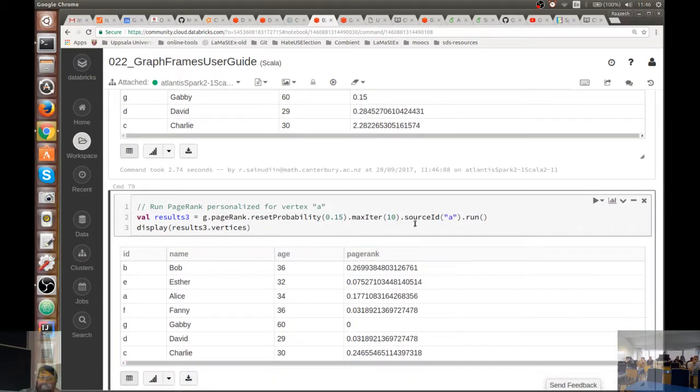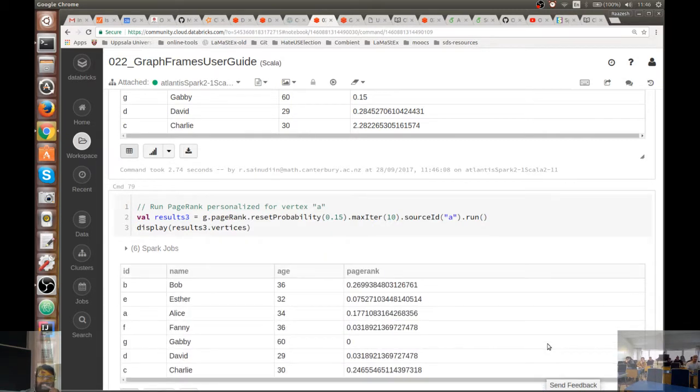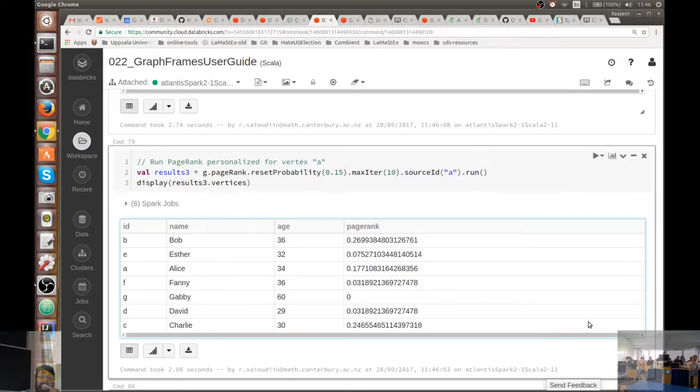Okay, so here is my result 3, which is now what I can do is personalize this PageRank algorithm for a vertex of interest to me. So I still have my reset probability, but I'm now looking at the flow starting from node A. So this is from the perspective of A, so it's sort of personalizing it.